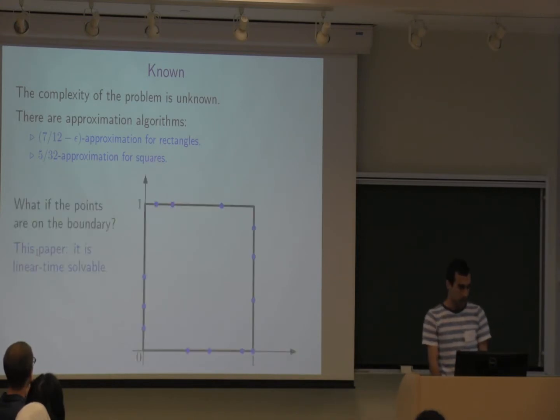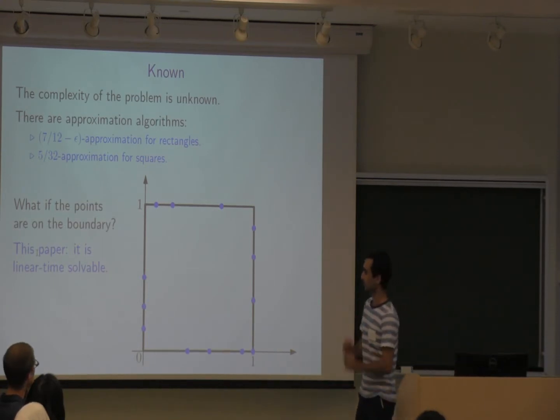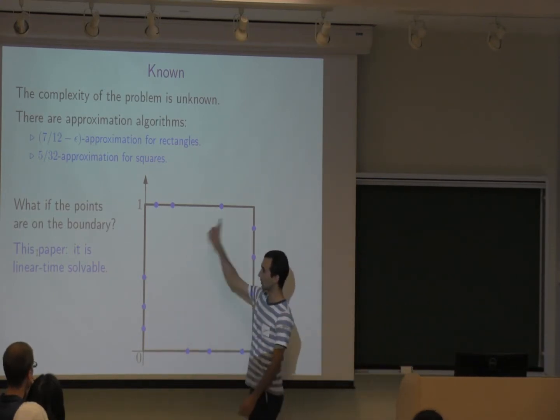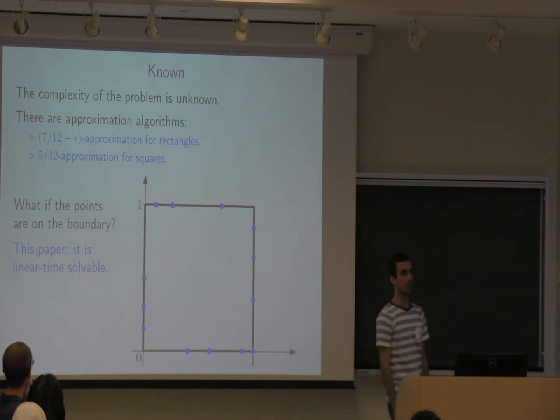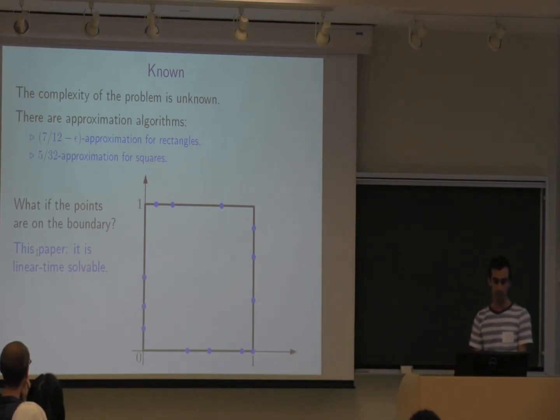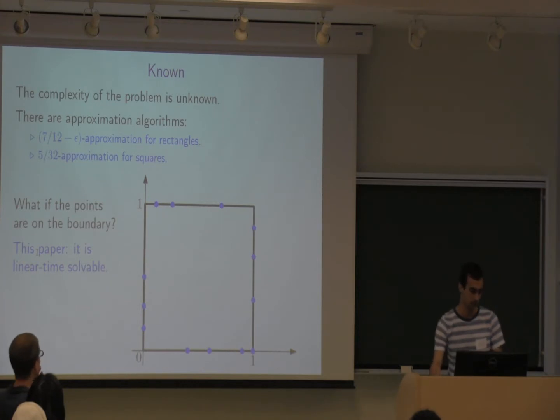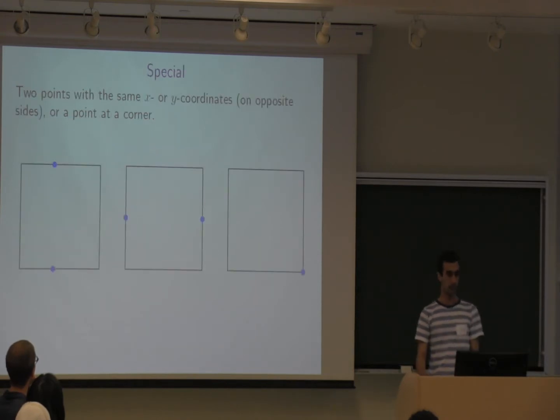And what we did in this paper is we looked at the problem when the points are on the boundary. So the input points are only on the boundary of the square, and we show that we can solve the problem in linear time. So how did we do this?